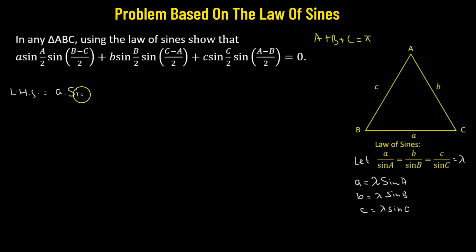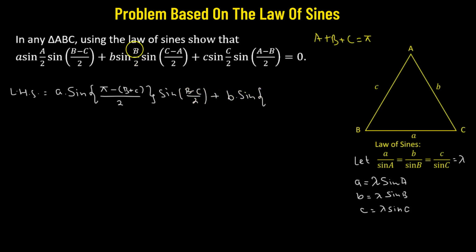So here we have sine of, in place of A, we can rewrite it as pi minus (B plus C), whole divided by 2, multiplied by sine of (B minus C) over 2. Coming to the next term, we have b times sine of B over 2.